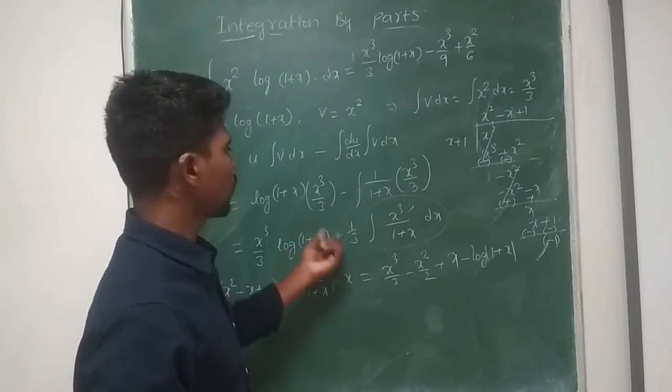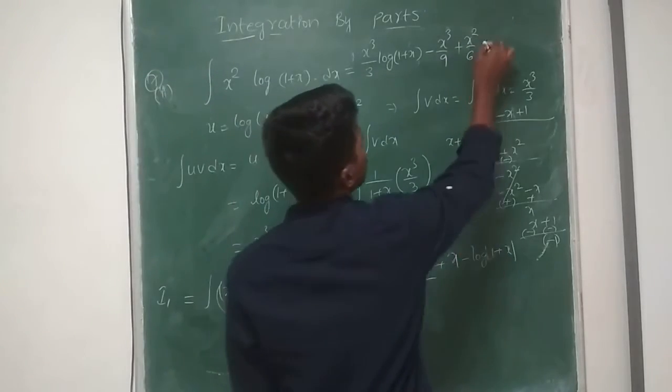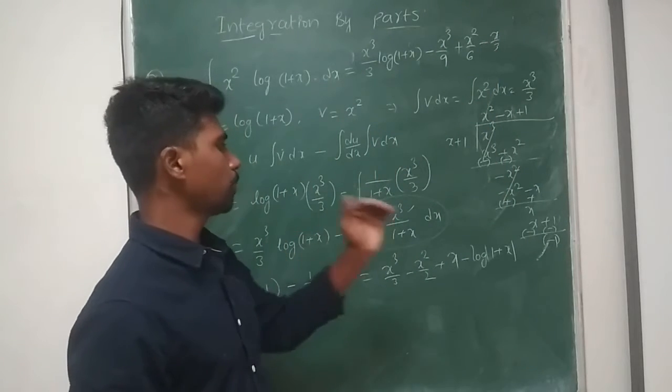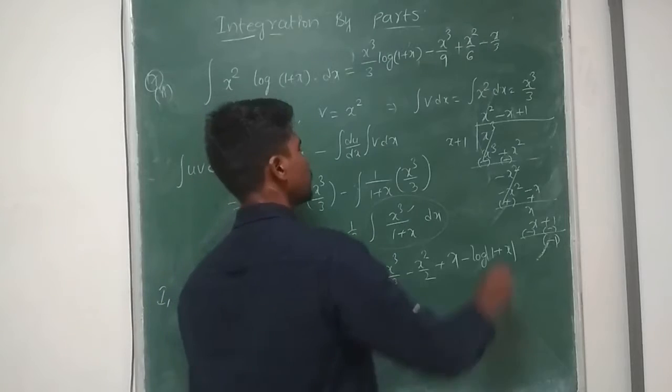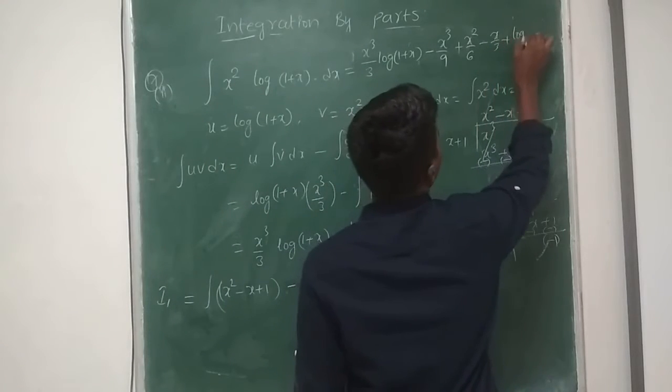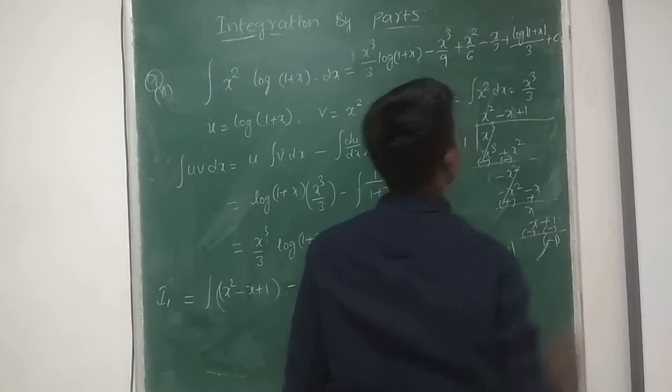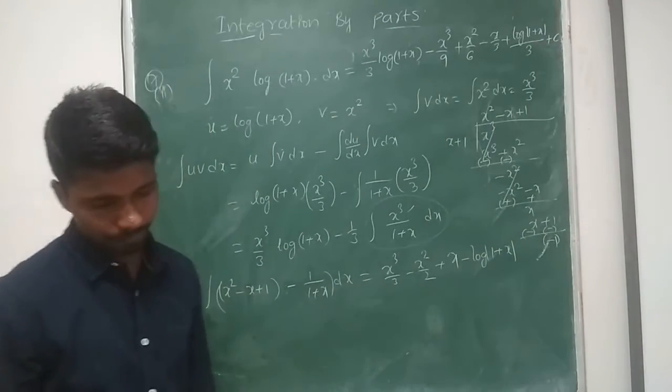Next, minus 1 by 3 into x, so minus x by 3, minus 1 by 3 into minus log 1 plus x, which is plus log 1 plus x by 3, plus a constant c.